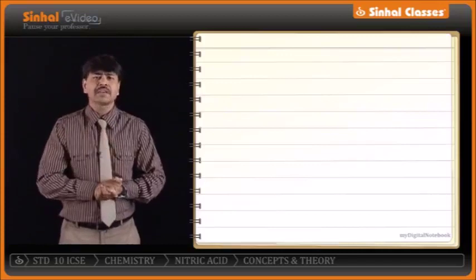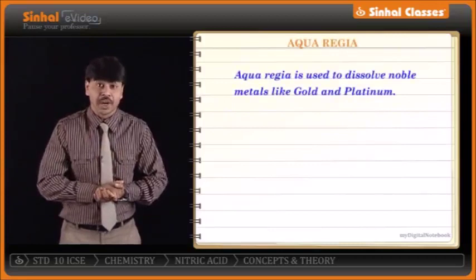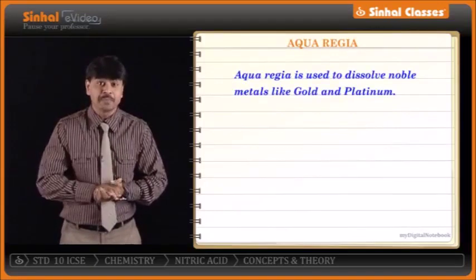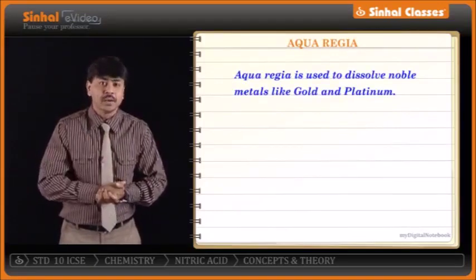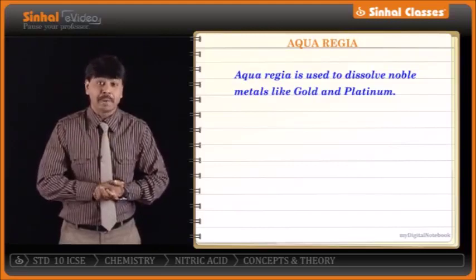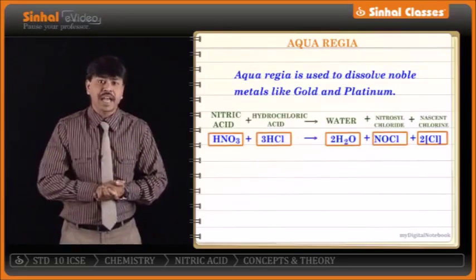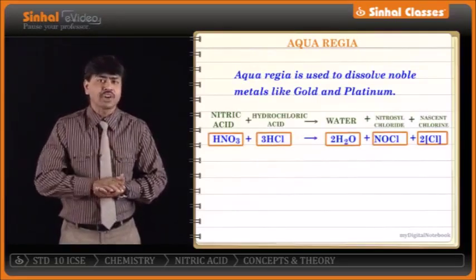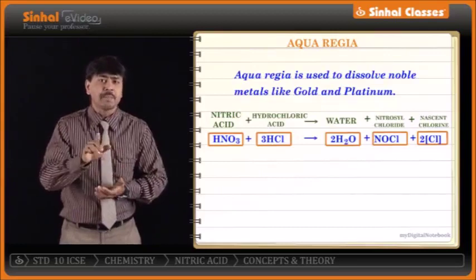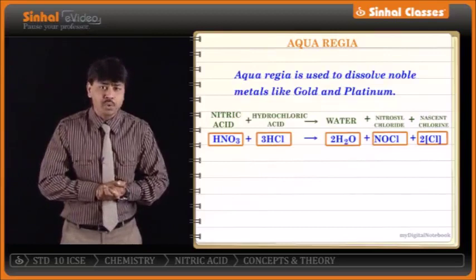Nitric acid plays a very important role in the formation of aqua regia. You know what aqua regia is? It is that chemical which can dissolve noble metals like gold and platinum. How is it formed? You take 3 parts of HCl and 1 part of HNO3, that means you combine both concentrated acids in the ratio of 3:1.